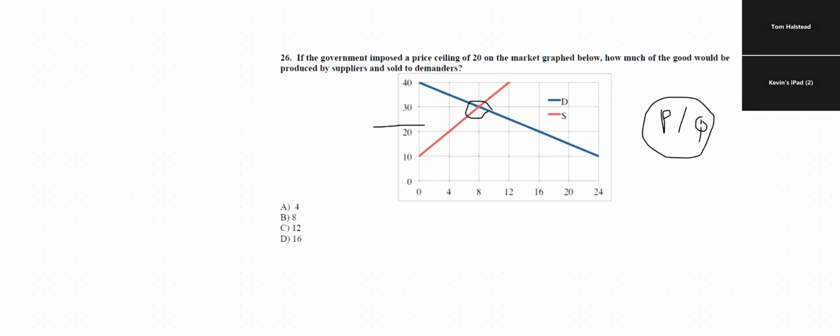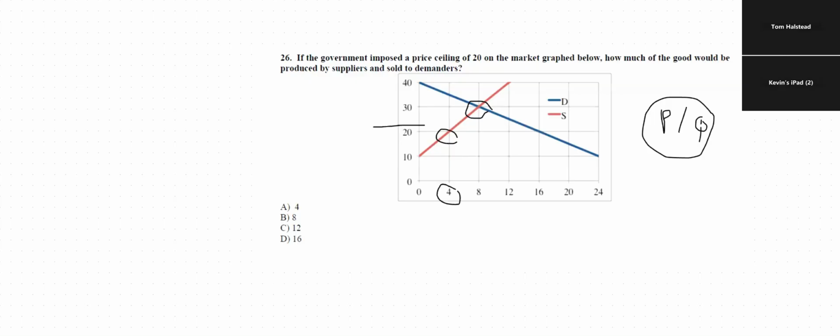A government can actually shift supply and demand, but it's much simpler here. You don't have to draw the new curve, shift it, or move along it, because they gave you this point here. And the answer is this point here. Yeah, correct.